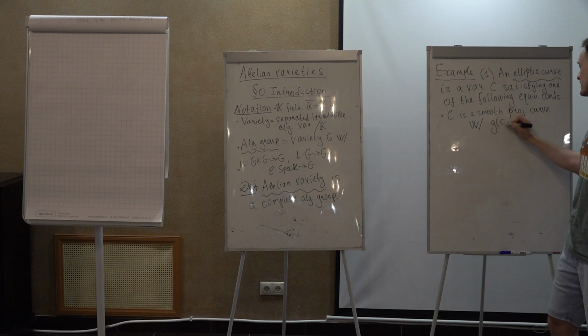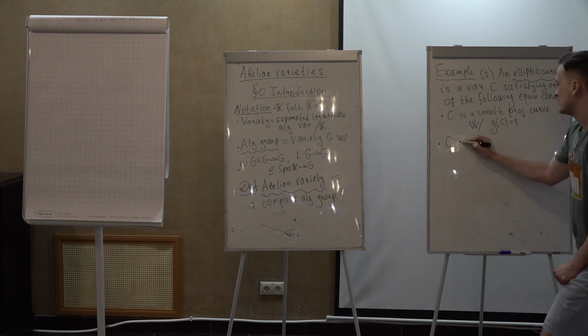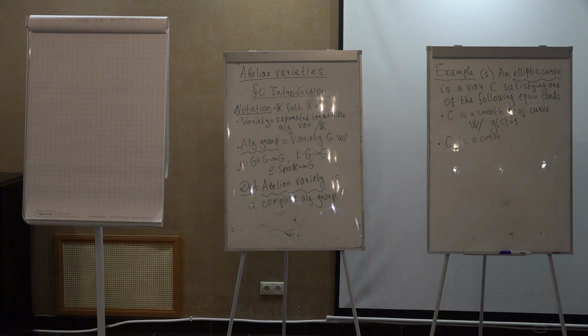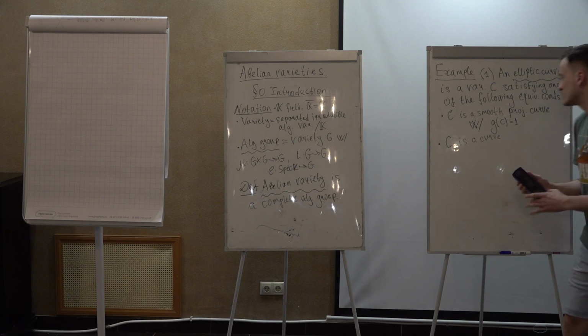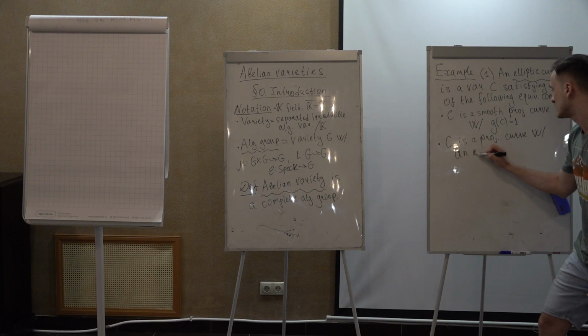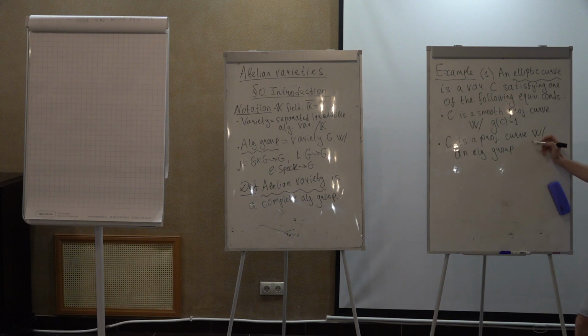Okay, the second condition: C is a projective curve with an algebraic group structure, that is, for which there exists such a structure.